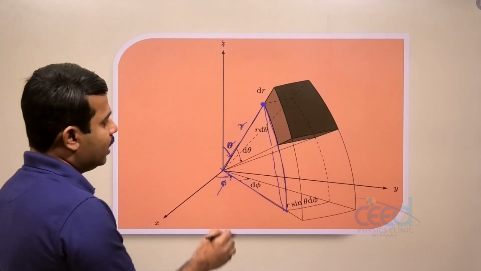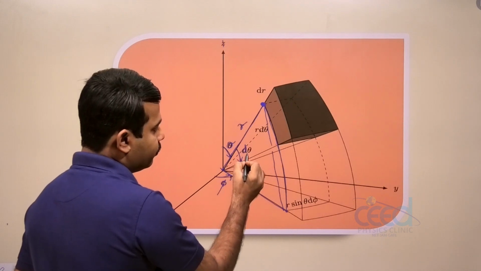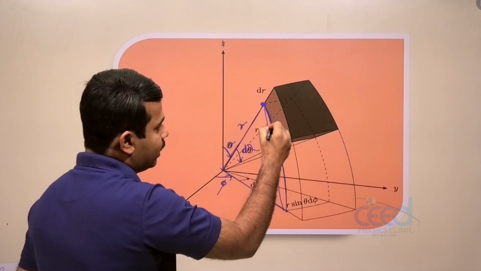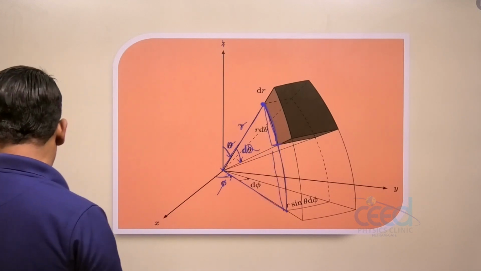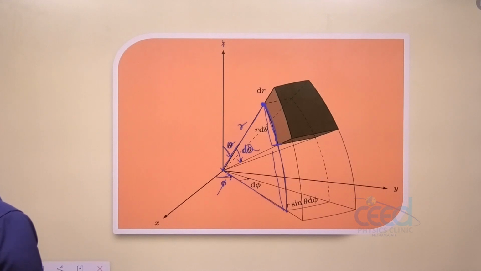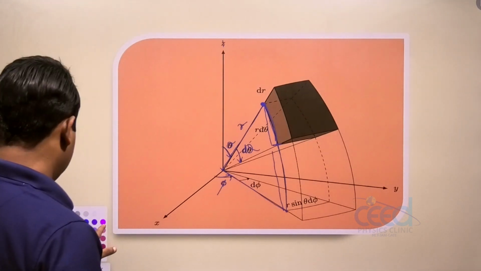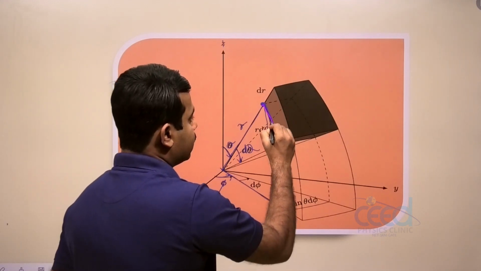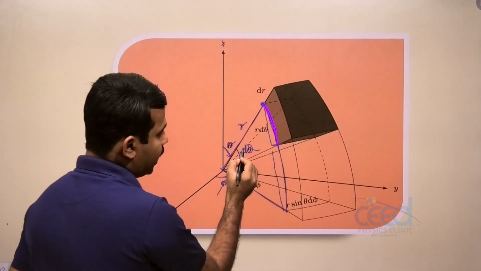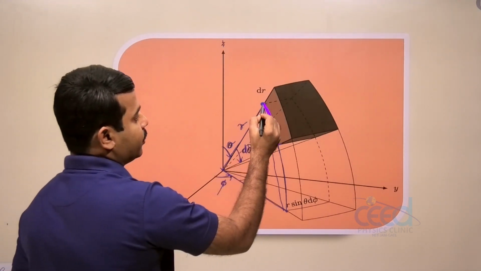Similarly, I am increasing a small d theta, and this much length increases.